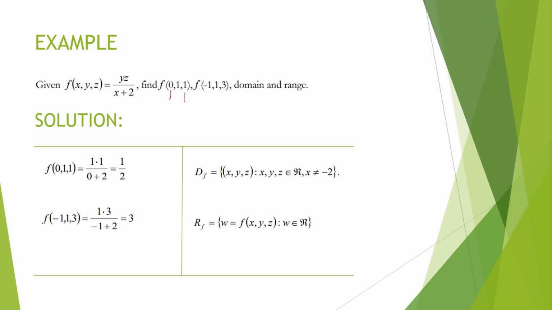So we have our y equals 1, our z equals 1, and our x equals 0. Then simplify, you will get your answer 1 over 2.